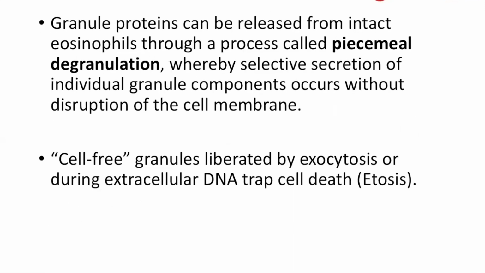Granule proteins can be released from intact eosinophils through a process called piecemeal degranulation, whereby selective secretion of individual granule components can occur without disruption of the cell membrane. Cell-free granules are liberated by exocytosis during extracellular DNA trap cell death. So there are two processes by which these granule proteins can be released: one is cell-free granules, and one is piecemeal degranulation.